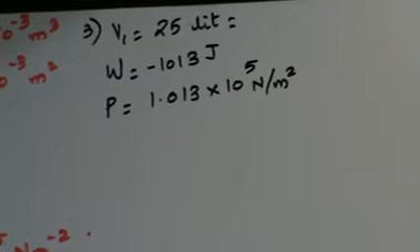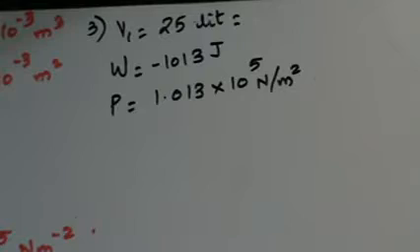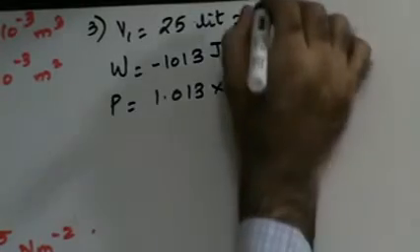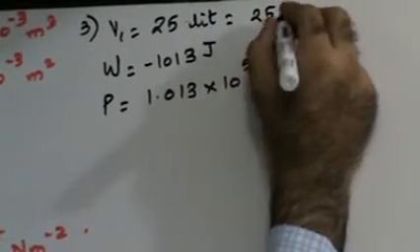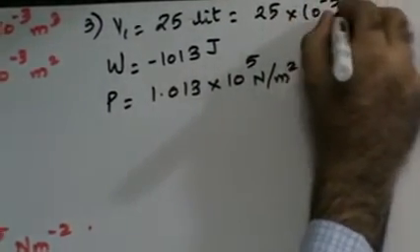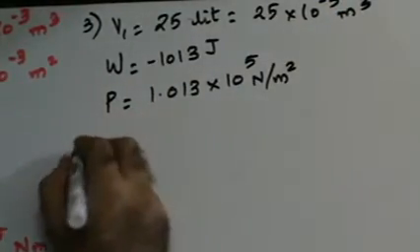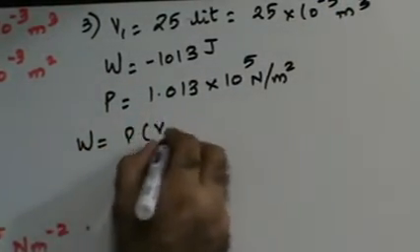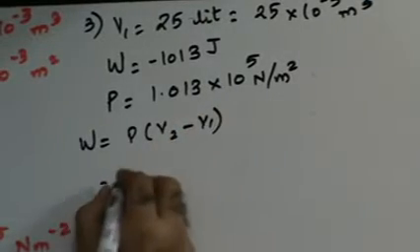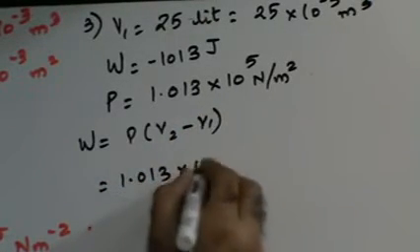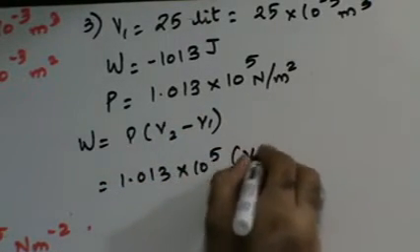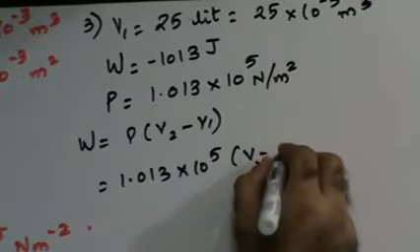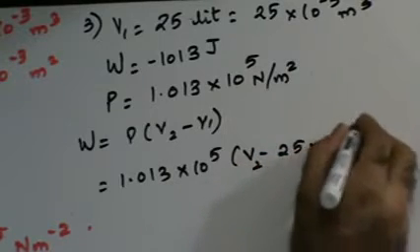Now guys, since the work done is given to you in joules, that means my volume should be in meter cube. To convert, this will be 25 into 10 raised to minus 3 meter cube. I can say work is P into V2 minus V1. P is 1.013 into 10 raised to 5, V2 minus V1, that's 25 into 10 raised to minus 3.